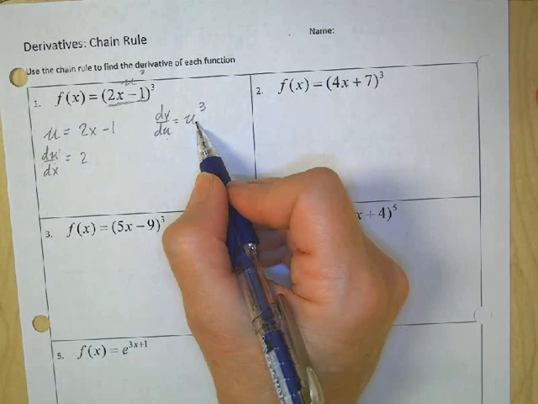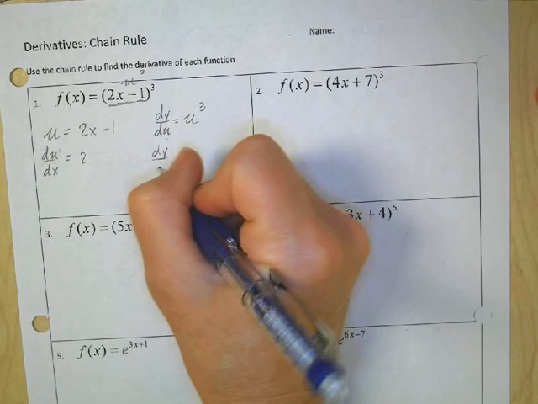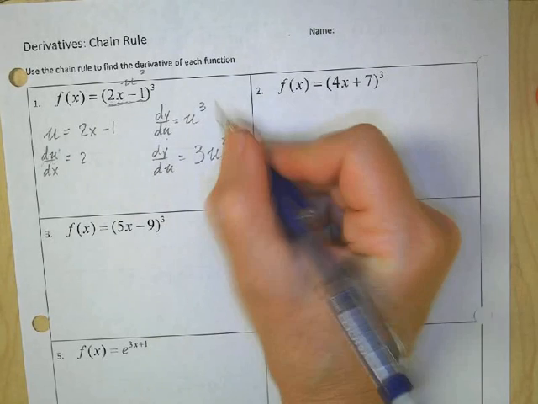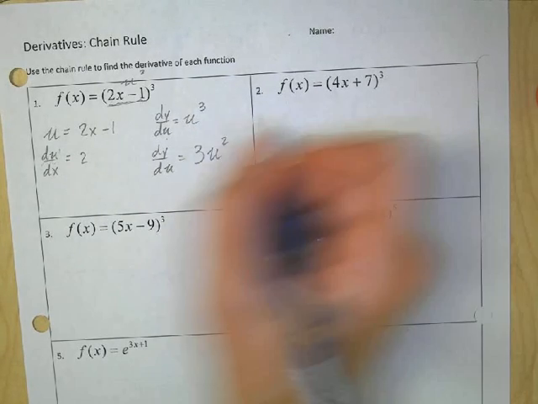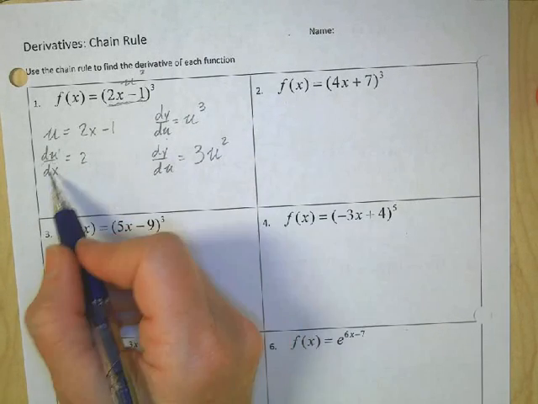And if I take the derivative of that, I get 3 times u squared. So I bring my exponent down front, and I subtract 1 from my exponent. Then to get the final derivative, I multiply these together.